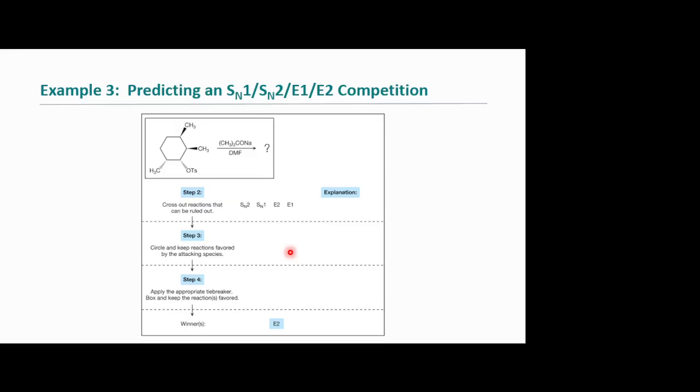Now, you are absolutely correct for step 3. I'm just trying to make sure it's divided up among steps so you all can follow this a little bit better. When we got down to step 3, we would have considered the attacking species. This is going to be an alkoxide. And so it is a good base. It is also a good nucleophile. But in this case, it's going to be a bulky one.